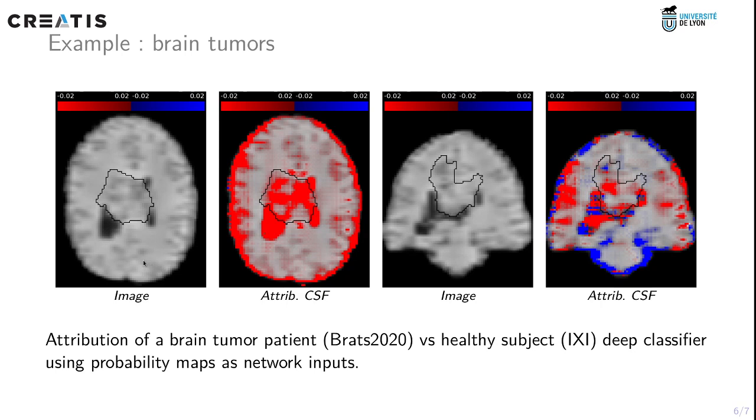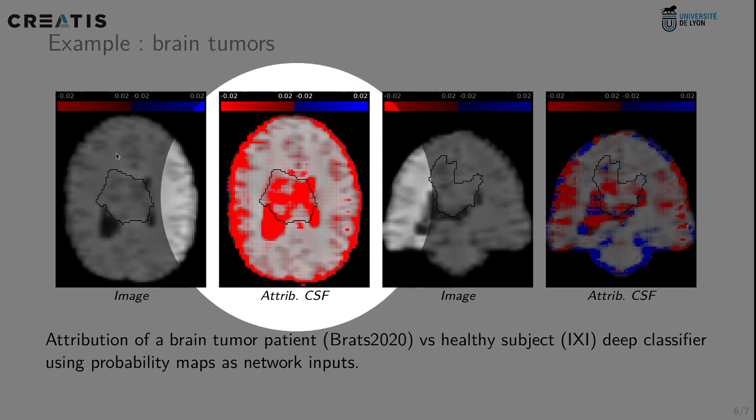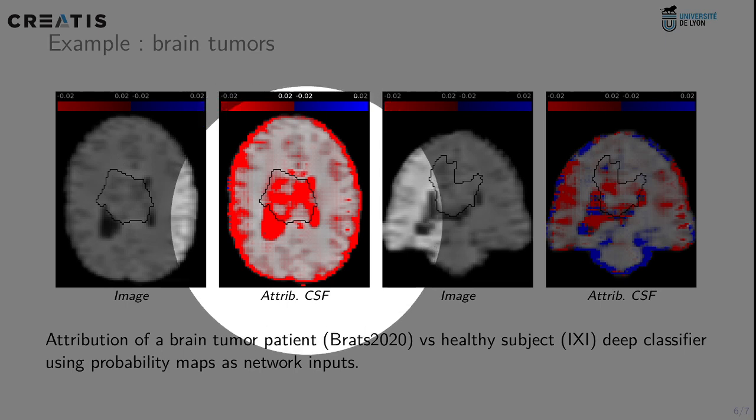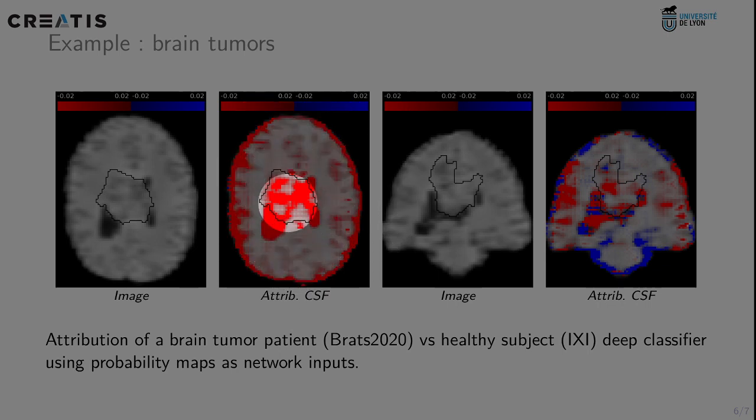We did the same for brain tumor. Here, as you can see on the attribution maps of the CSF, we can find three elements that contribute mostly in the decision of the network. The first one is the tumor here that contributes positively in the decision, which is rather reassuring.